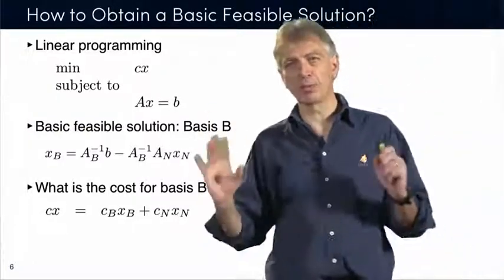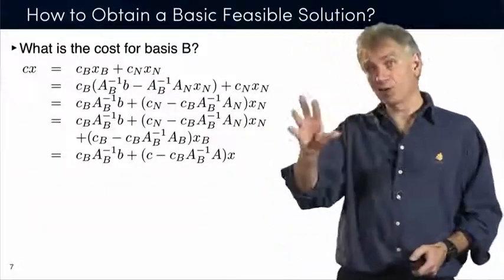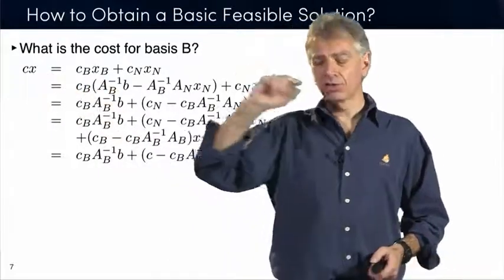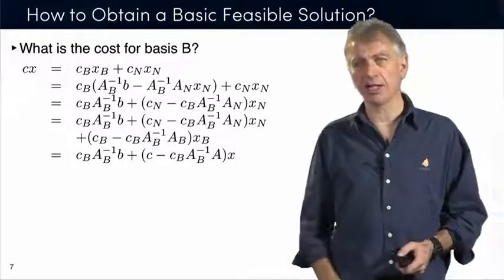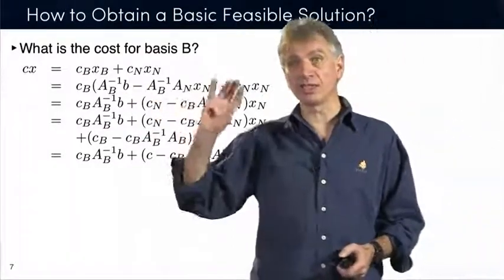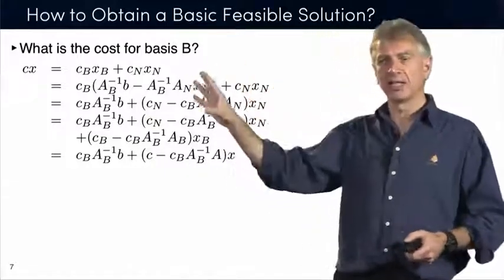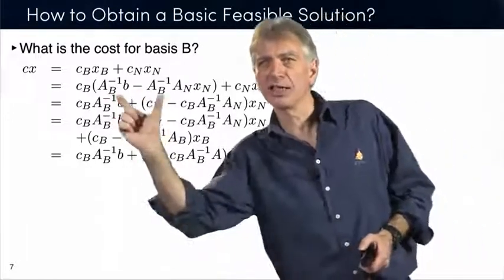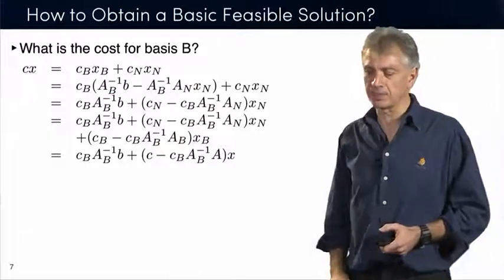So take a deep breath, because that's going to be an ugly formula, but very simple. We want to compute Cx, so you have CB times xB plus CN times xN. Now we know the value of xB: the inverse of the basis times b minus the inverse of the basis times AN times xN. We just substituted in the value of xB.